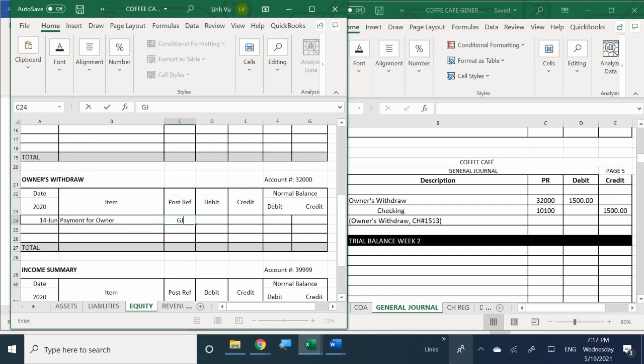General journal number 5 this time. Because we are looking at the debit side, because an owner's withdrawal decreases equity, I have to place it on the debit side. So it's $1,500.